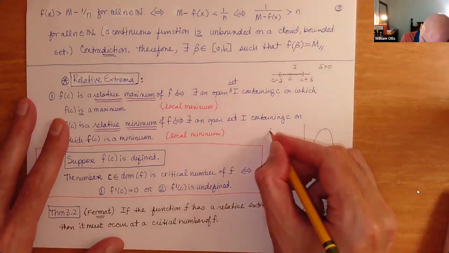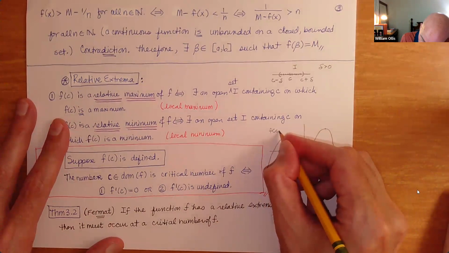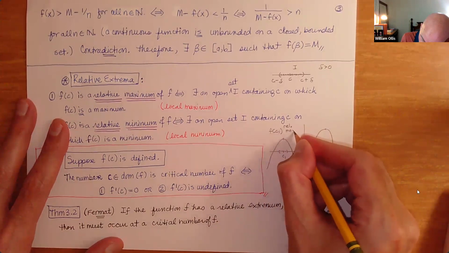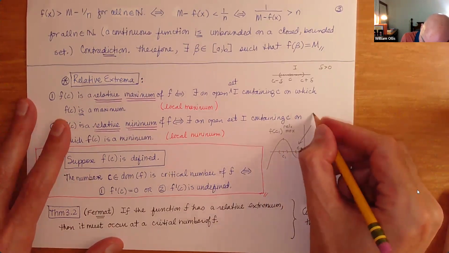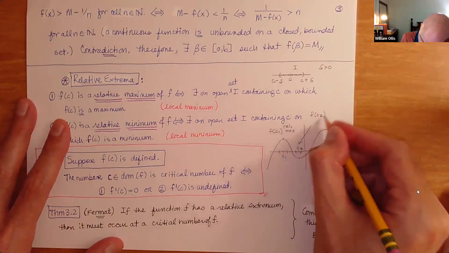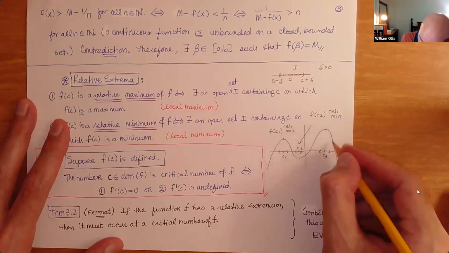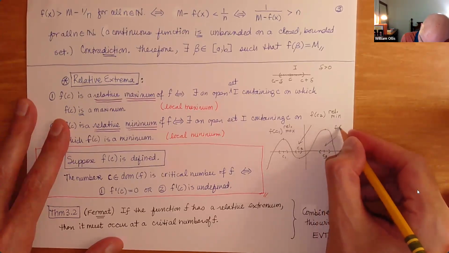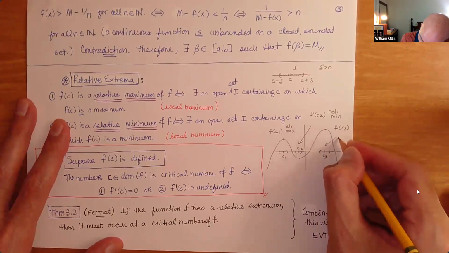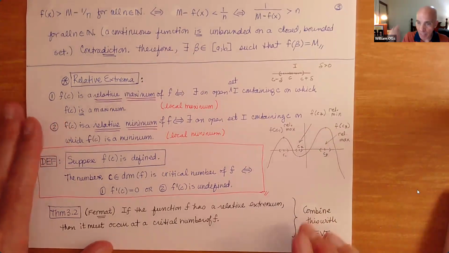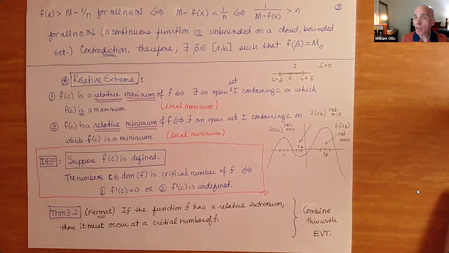So we'd say f of C1 relative max, f of C2 relative min, and here f of C3 relative max, just using very simple abbreviations. So locally, we can talk about extrema being the plural of the extreme.